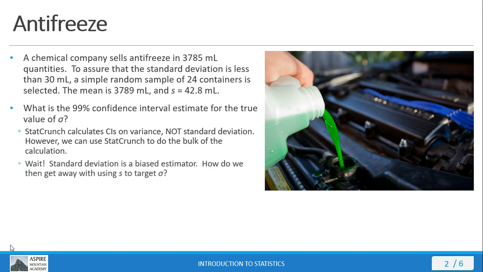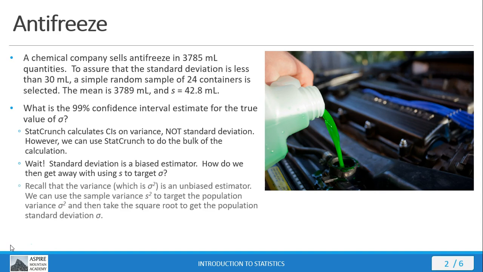Wait, standard deviation is a biased estimator. How do we get away with using the sample standard deviation to target the population standard deviation? Do you remember that justification from the prior mini lecture? Well, I hope you're saying that yes, standard deviation is a biased estimator, but standard deviation is also the square root of the variance, and the variance is an unbiased estimator.